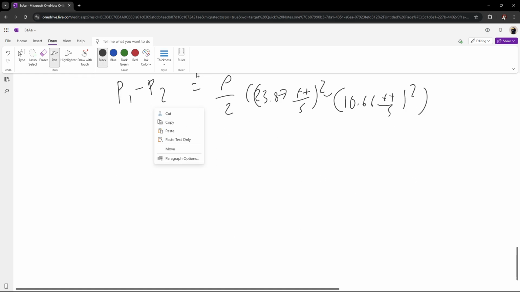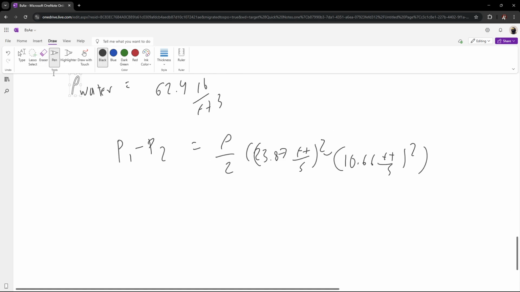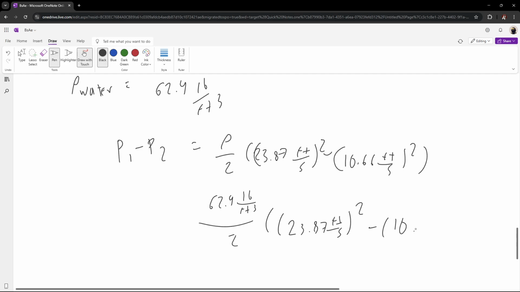Rho is 62.4 pound per foot cubed over 2, times 23.87 foot per second squared minus 10.66 foot per second squared, is equal to P1 minus P2.